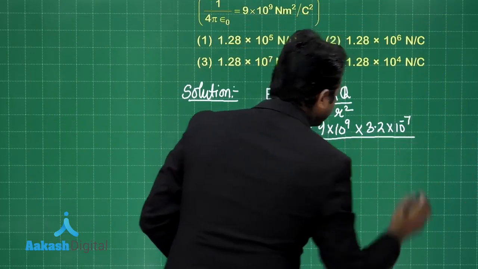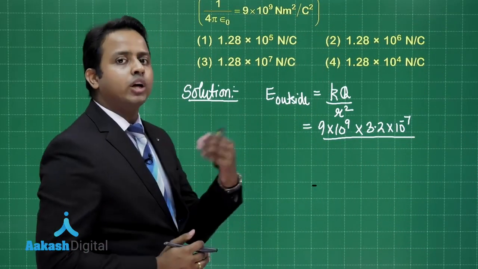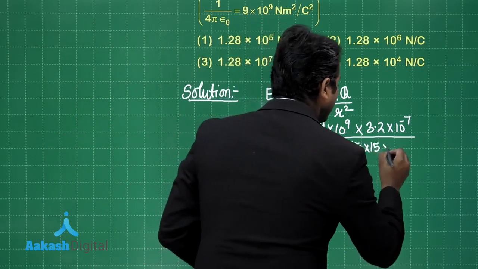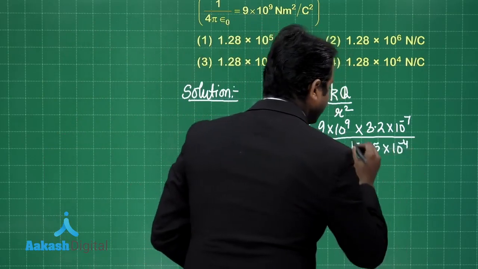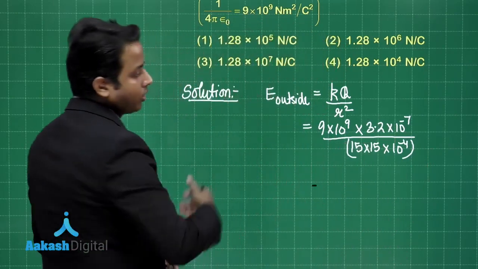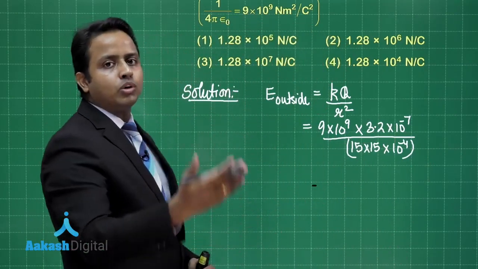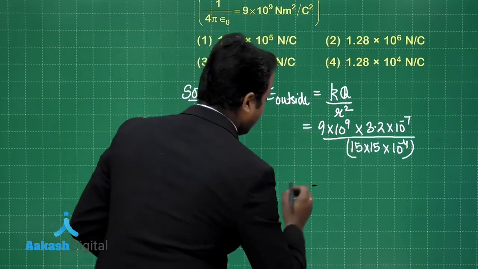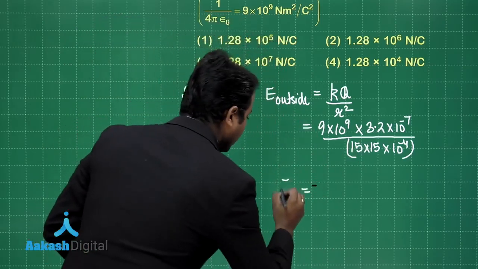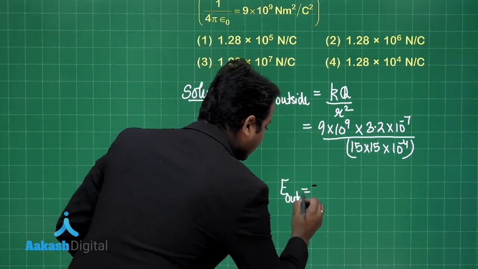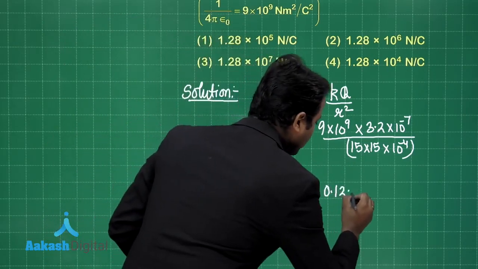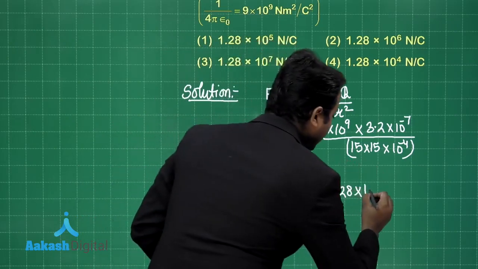And the distance is 15 centimeters, so I have to convert it into SI unit. So 15 into 15 × 10^-4. This would be the conversion, because 15 centimeter will be equal to 15 × 10^-2. So that would be the factor. Now if I solve it further, the electric field at the outside region will be 0.128 × 10^.